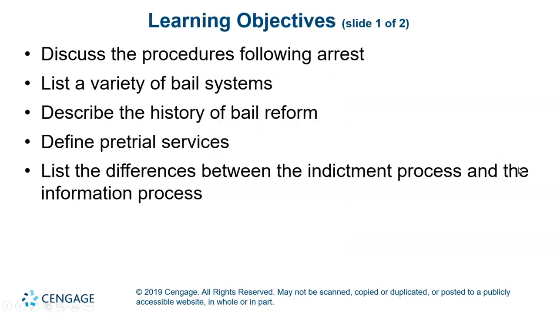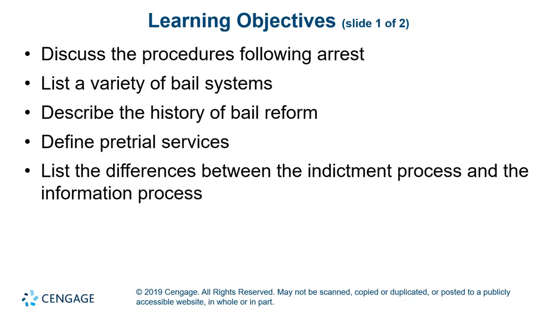So what do we hope to learn? Well, we're going to discuss the procedures following an arrest. We're going to list a variety of bail systems, describe the history of bail reform, define pretrial services, meaning those things that come up before the trial, and list the differences between an indictment process and the information process.